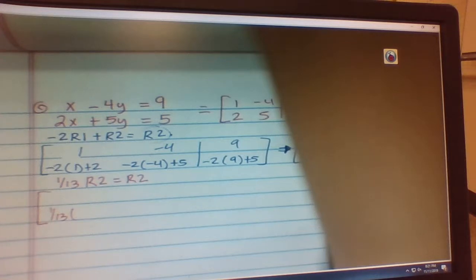Now this one, finish it all the way to Gauss Jordan. So after you do that, you still have to make that -4 into a what? 0.